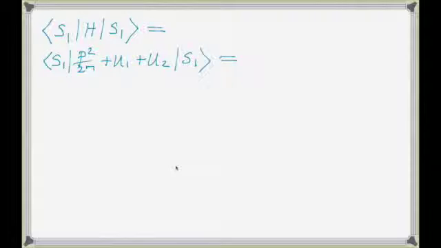And we know that this part, acting on S1, just gives me epsilon 0 S1, because it's an eigenstate of that part of the Hamiltonian. So I can just replace this by epsilon 0, since when that hits S1, it just gives me back epsilon 0 S1. So that's equal to epsilon 0 plus u2.